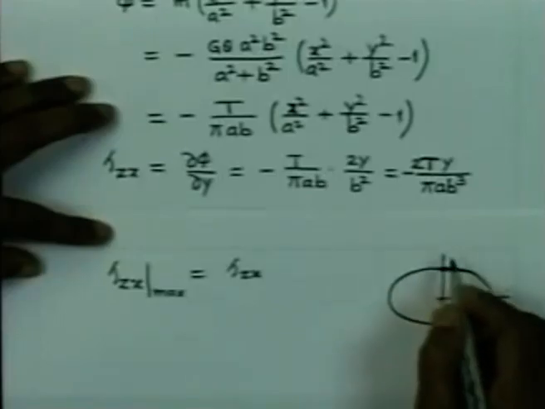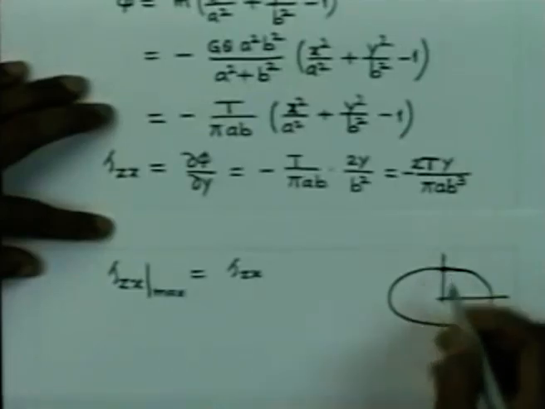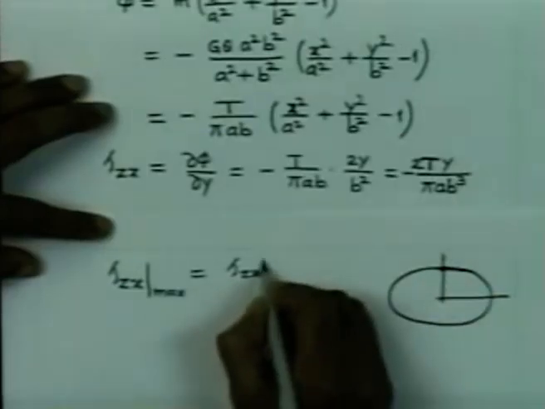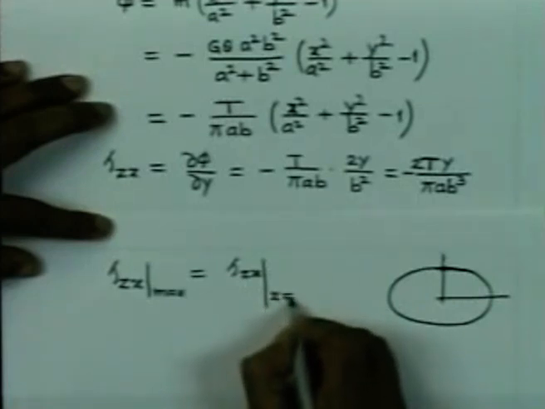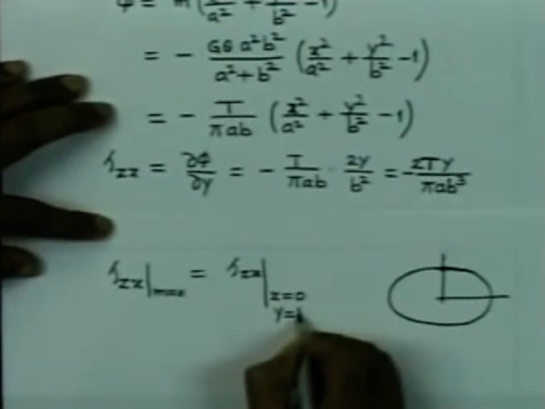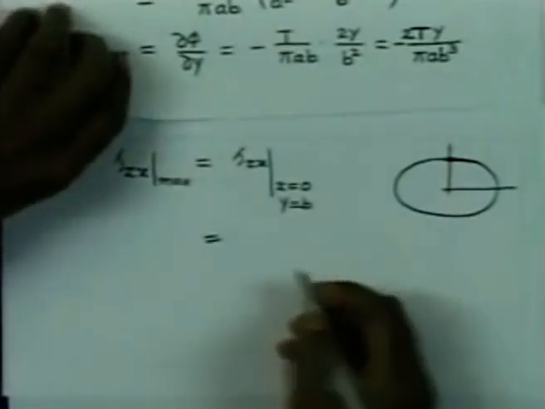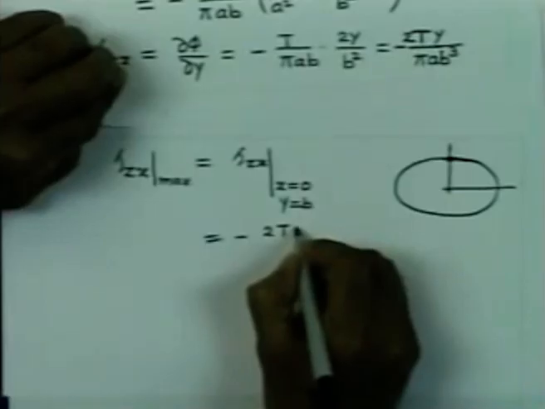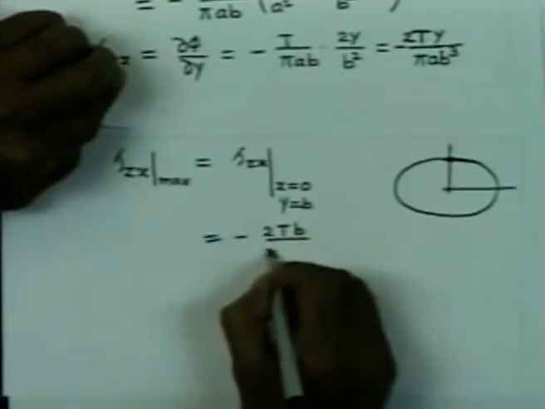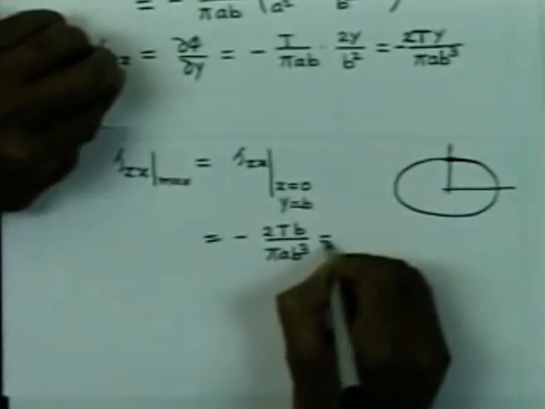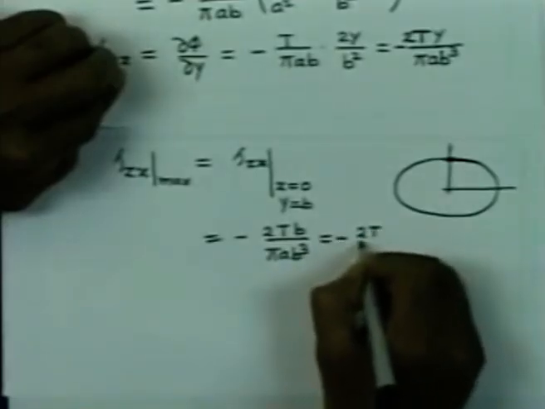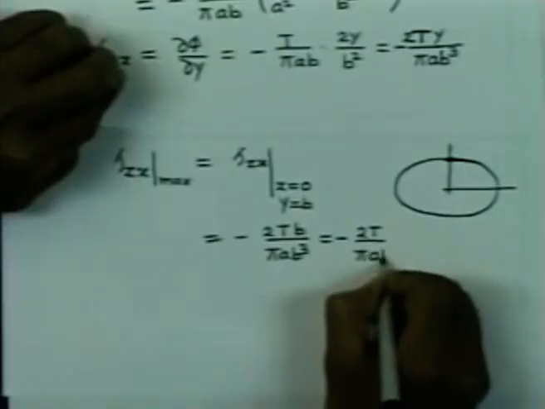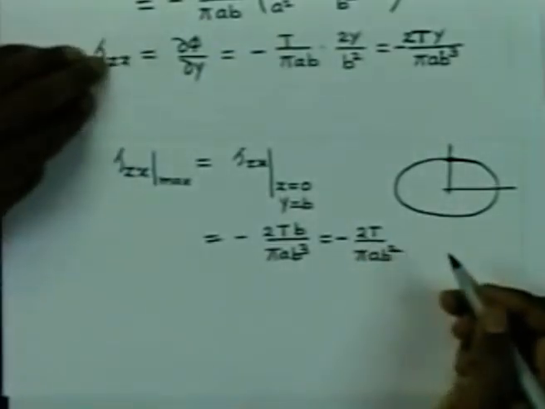It is going to vary linearly with y, and it will have maximum value at this point, that is at x equal to 0, y equal to b, and the value is given by minus 2 times t into b by pi a b cube, and that is minus 2 times t by pi a b square, and this stress is negative.